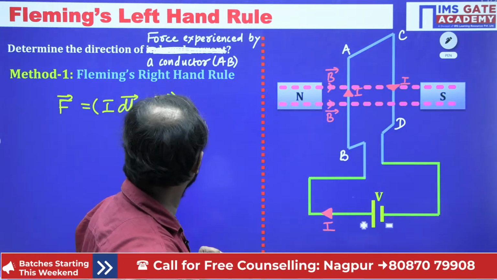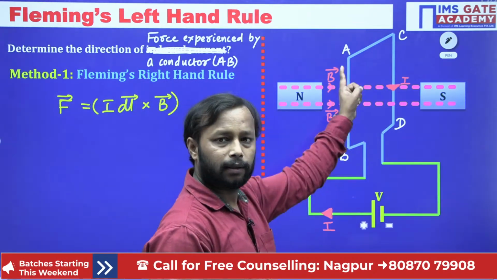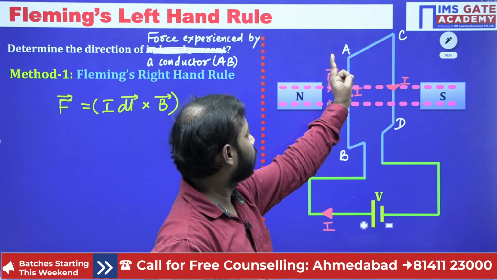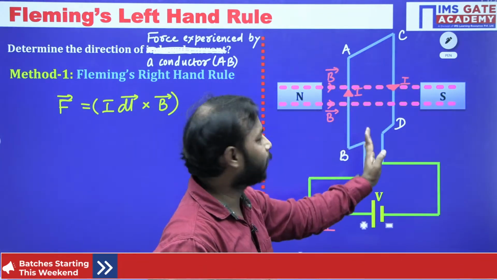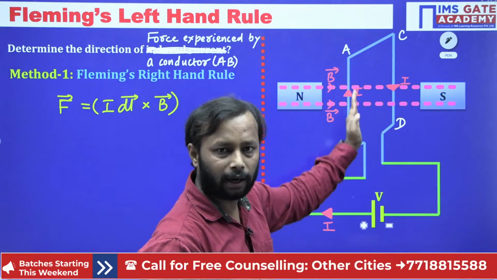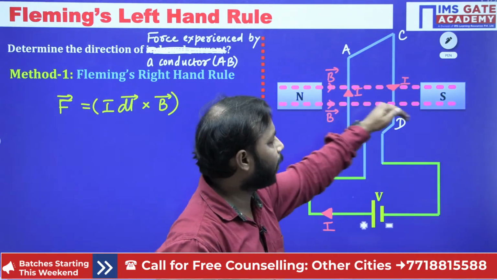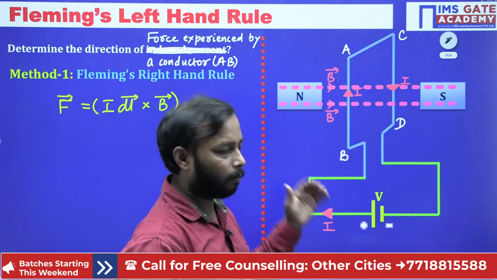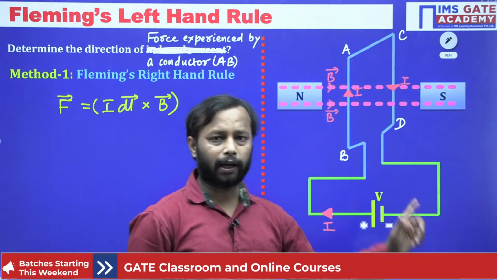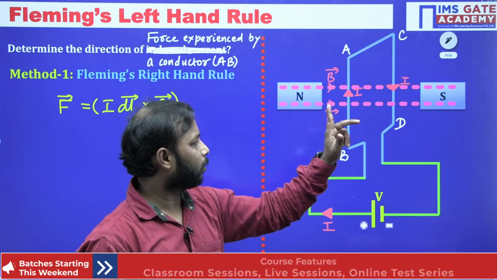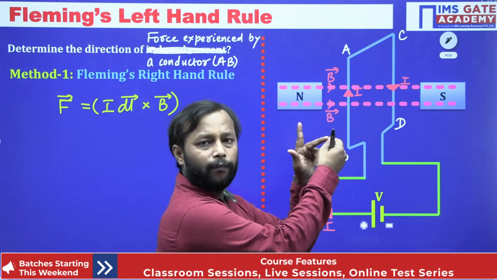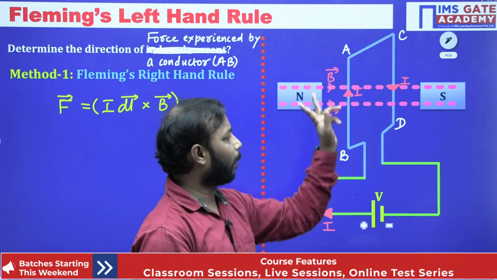Now see, current here is in upward direction, which is basically flowing inside the conductor, and magnetic field is in this direction from left to right. So take out your left hand, point your middle finger in the direction of current, which is upward.